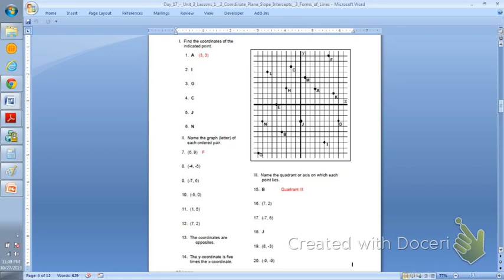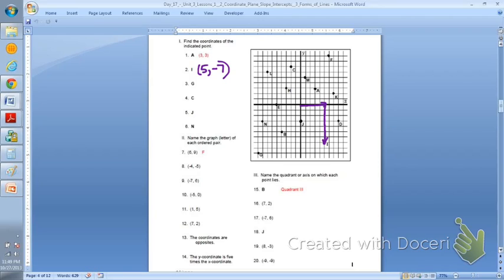Alright, we're ready to check. Point I is located over 1, 2, 3, 4, 5 to the right, so its x-coordinate would be positive 5, and 1, 2, 3, 4, 5, 6, 7 down, so therefore negative 7.